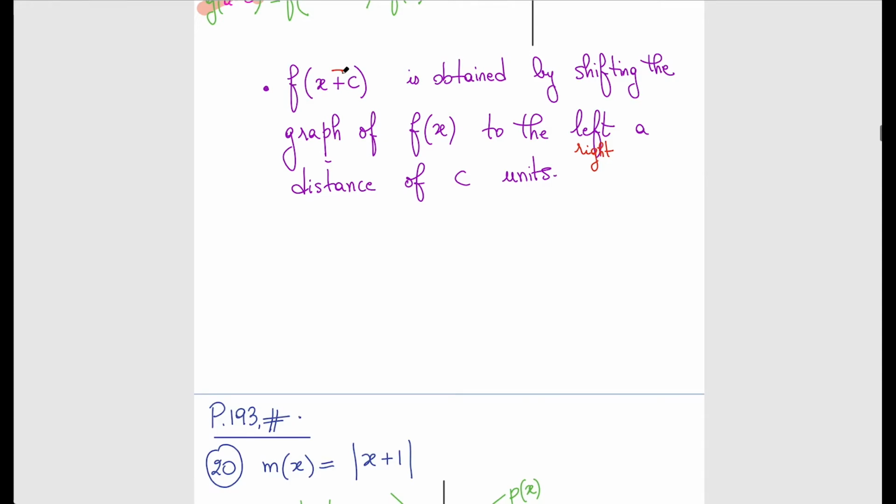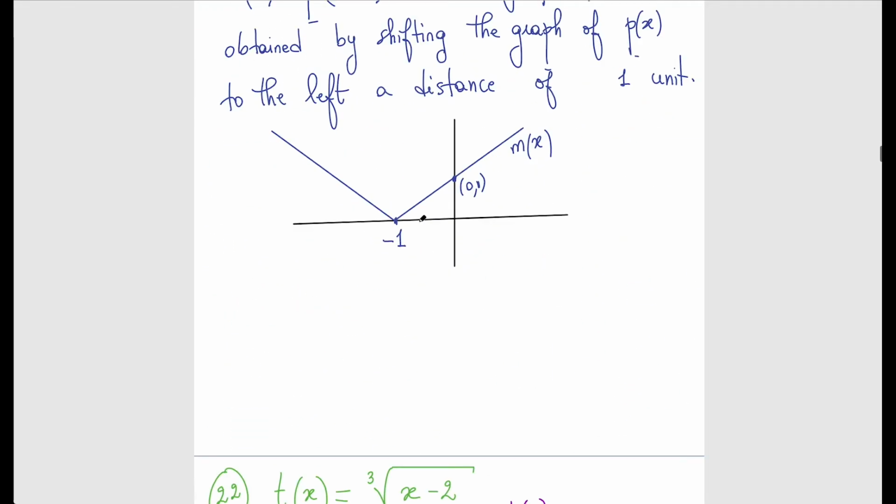F of x minus 2, right? So the name is P in this case. P of x minus 2 is obtained by shifting the graph of P of x to the right, I'm talking about the red part, to the right a distance of 2 units, correct? So that's the result I need to invoke.